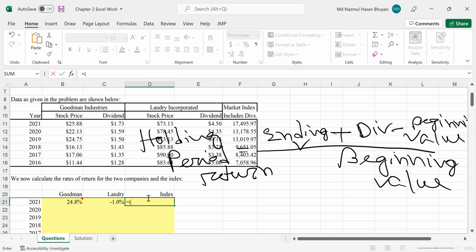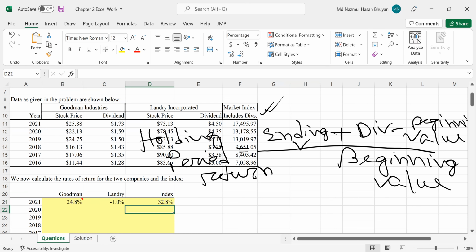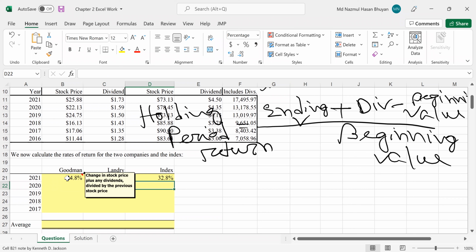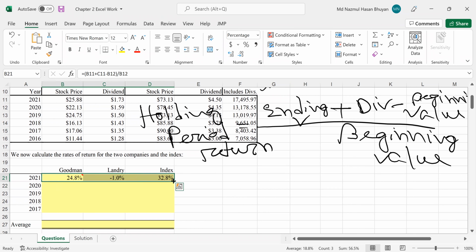For market, you can see the price already includes dividend, so we don't need to adjust dividends separately, right? So here, ending value minus beginning value divided by beginning value. We're gonna copy the same formula in all the other years.